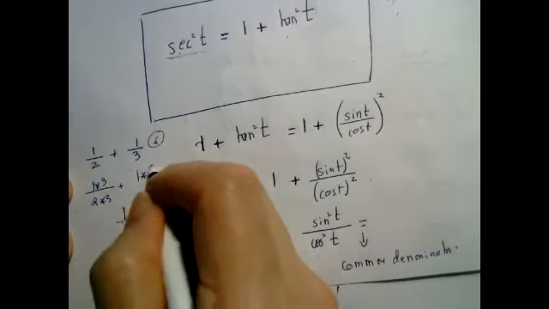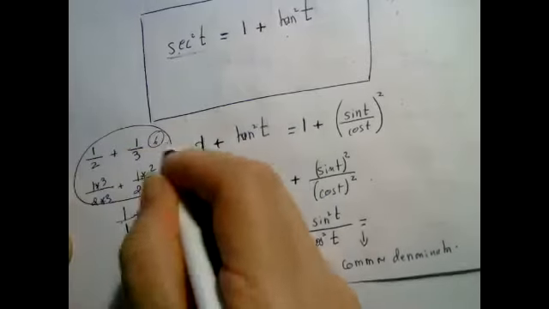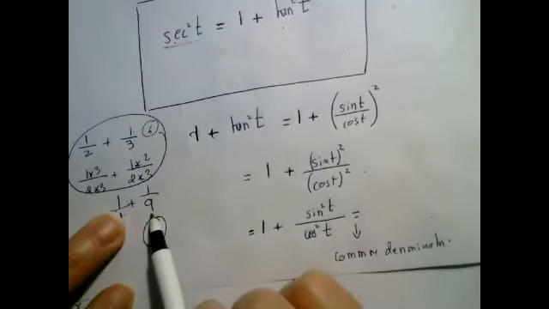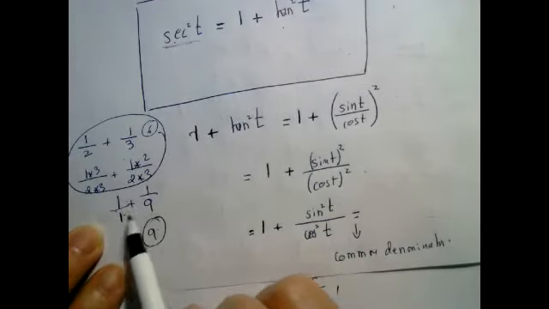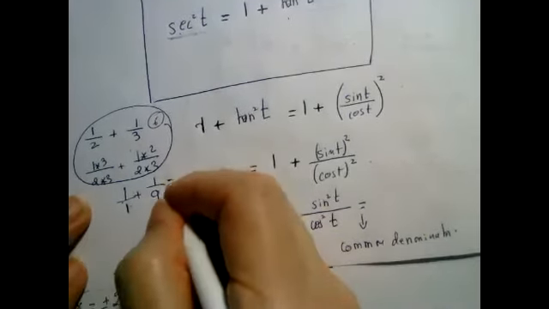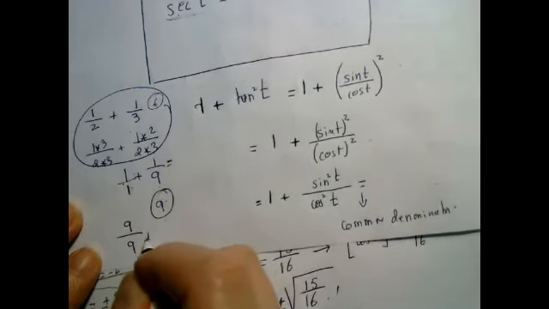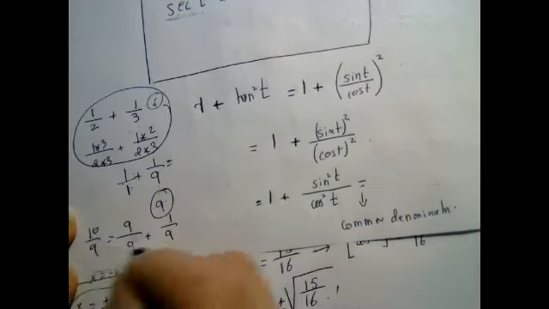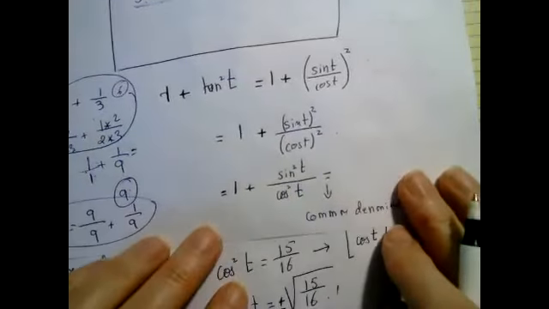And you have to multiply this by 2. And that's how you get a common denominator of 6. Okay. 1 plus 1 over 9. What's the number that's a multiple of 9 and 1? 9. And if you find a common denominator here, you get 9 over 9 plus 1 over 9, which will give you 10 over 9. Okay. All right.